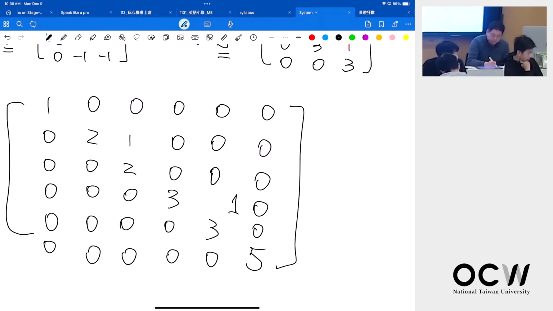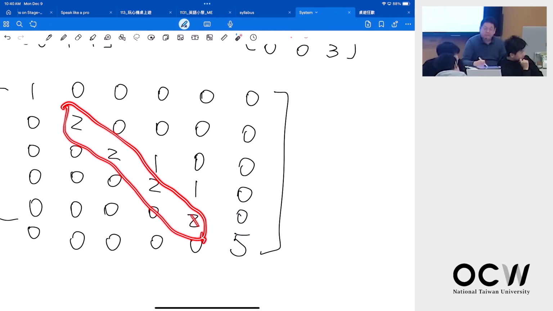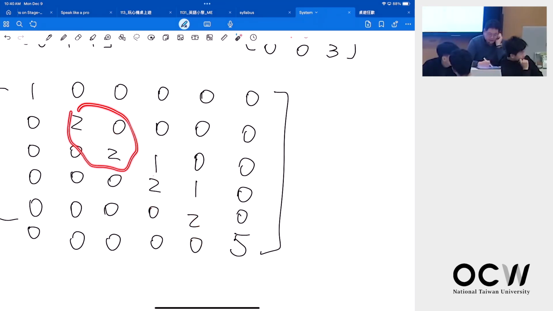How about here? I have a 0, 2, 2. How about in this case? I have 4 repeated eigenvalues. I should have 4 distinct eigenvectors, right? And apparently this, I have a 0 on top.